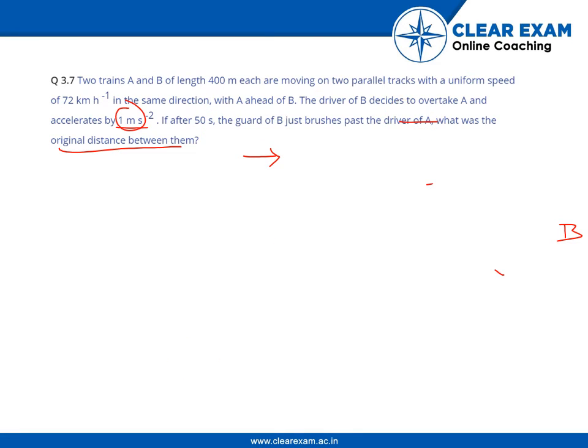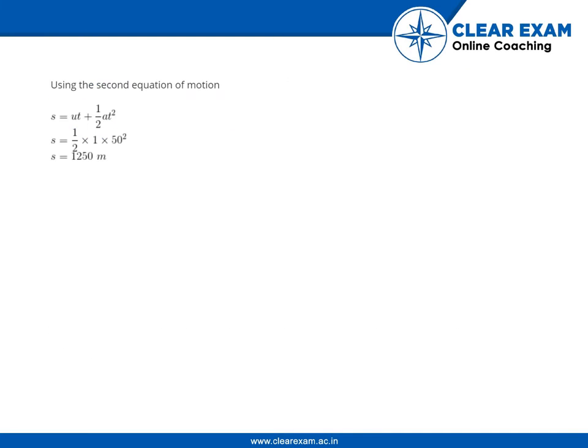So we need to apply this formula here, which is S is equal to ut plus half at square, and the a is 1 meter per second square, and the t is 50 seconds, and the initial speed was what? We assumed it to be at standstill position.